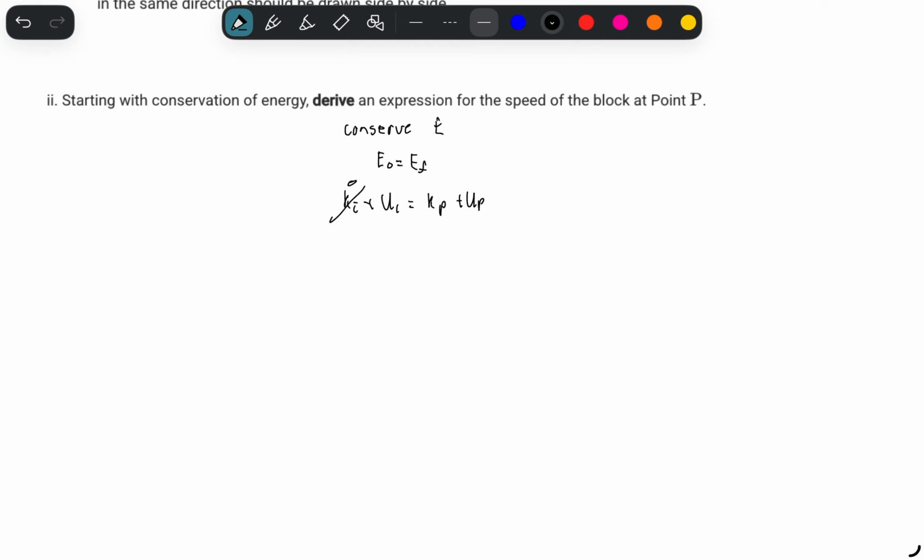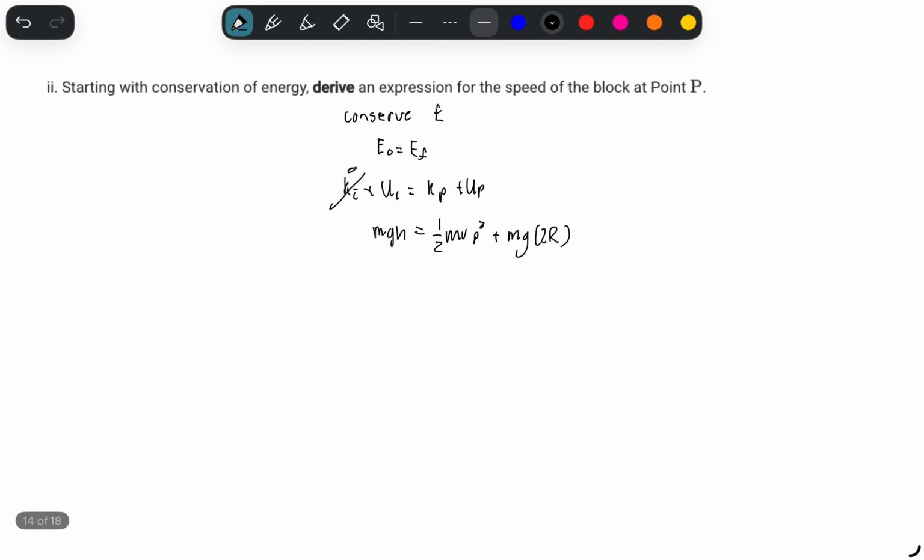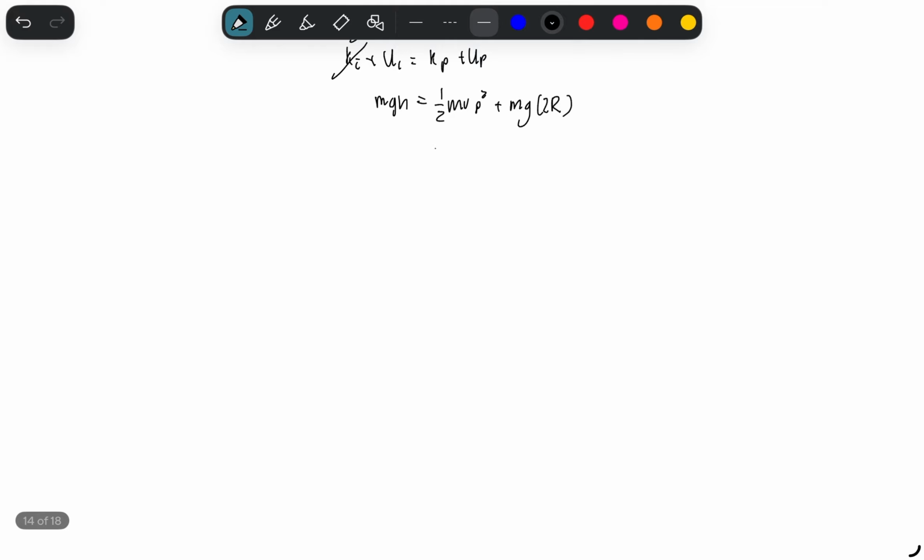Zero. And then you can multiply this. Awesome. So we have m cancels out from each term, right?